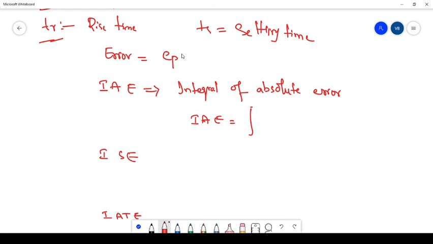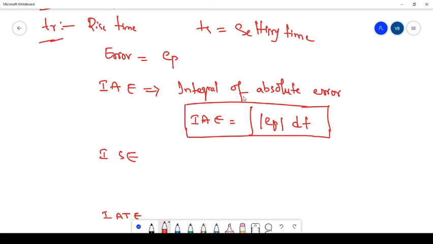So error is EP. What is meant by absolute? We take the magnitude of that with respect to dt. So IAE is the integration of absolute error, that is the integration of mod EP dt.